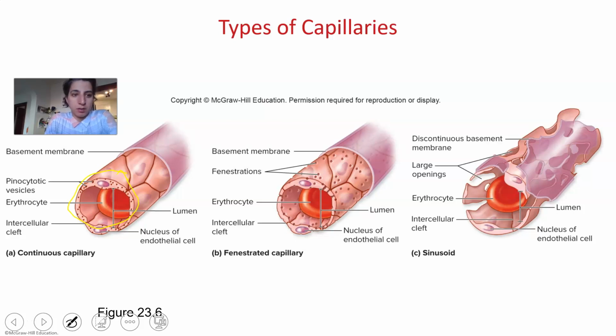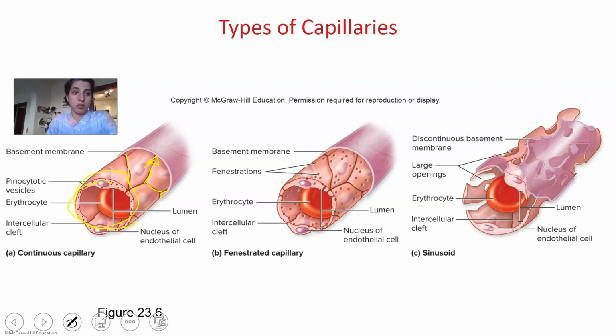You see them in muscles and the blood-brain barrier, and they have this continuous layer of endothelium, and it's directly attached to the basement membrane, right? So you don't have any gaps. And if you didn't want anything to pass through this layer of endothelium unregulated, what types of cell junctions would you put there?